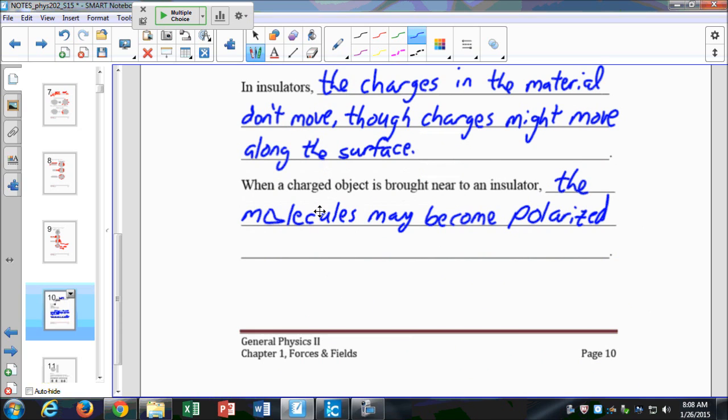I have a picture on the next page. I'll show you in just a second. Polarized means that the positive and negative sides of the molecule or atom are separated. They have different sides, basically. All right.